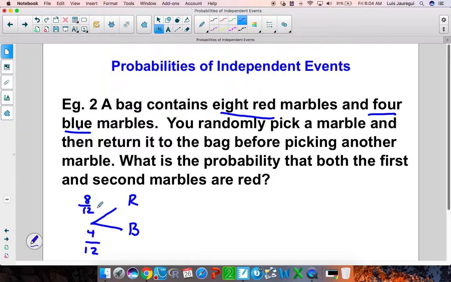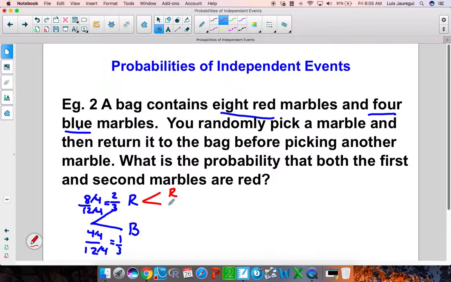Obviously we can simplify this. Here you can divide by 4 and 4, so that's just 2/3, and then here again you can do 4 over 4, and that will give you 1/3. Now that's for the first marble that you're going to be selecting. However, since you're selecting a second one, but you're putting the originally selected one back into the container, we can list our outcomes as well.